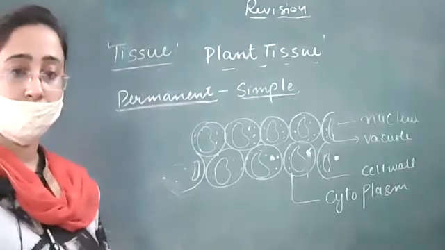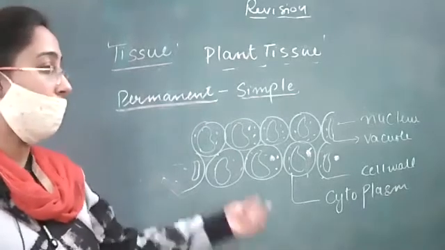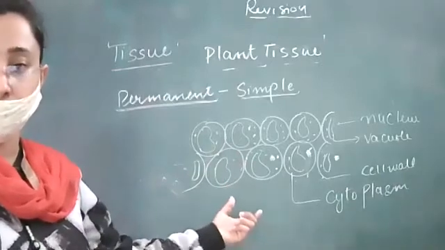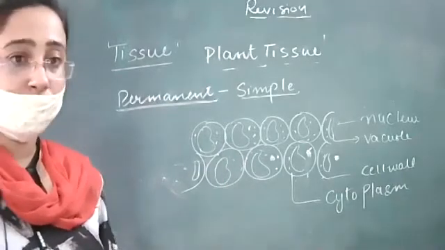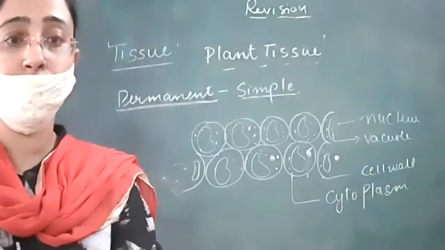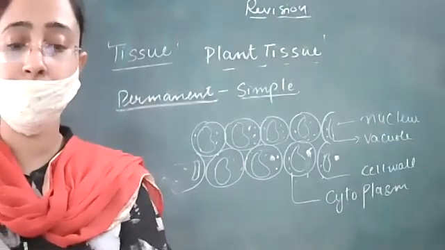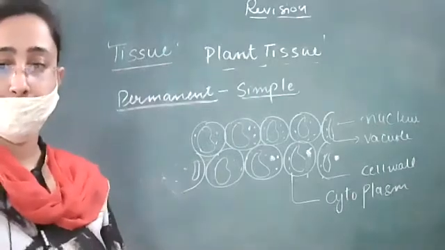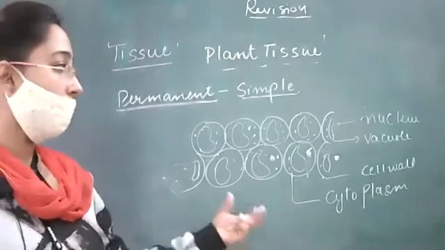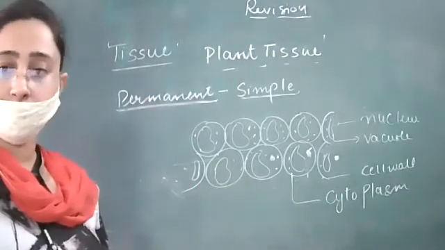So, what is the shape? They are round, they can be spherical, they have large intercellular spaces. The cell wall, we know it is made up of only cellulose, there is no thickening present in them. Okay? You got the point? So these are the structure of these cells.